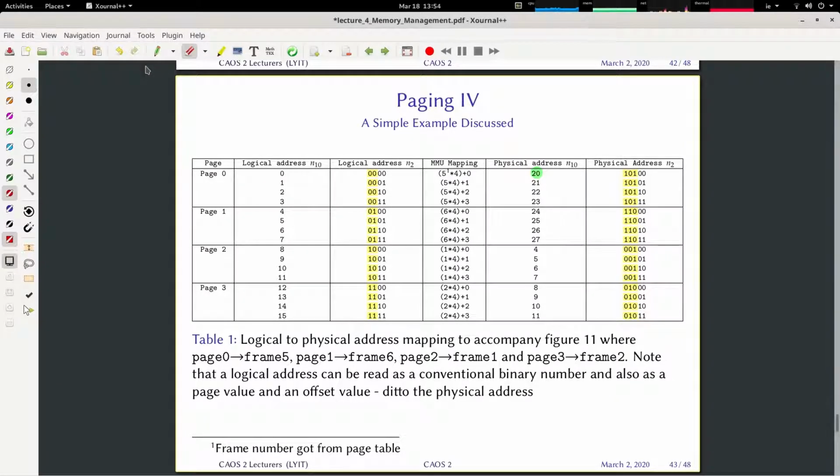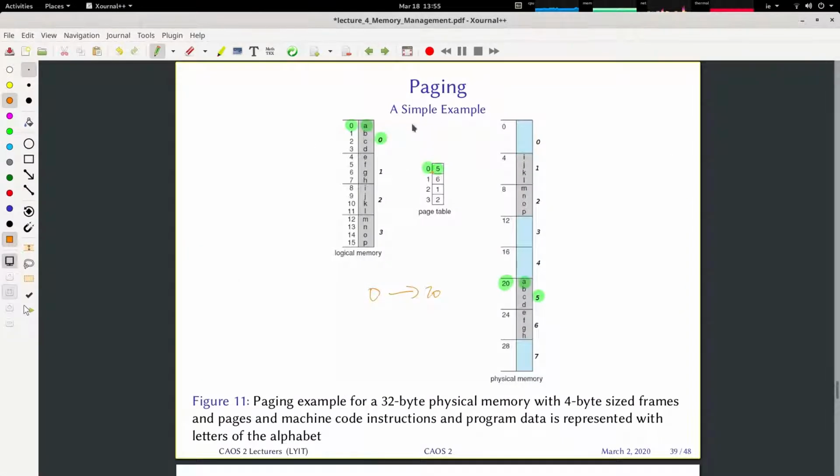Okay, so logical address 1 maps, according to the picture that we have here... okay, so there's logical address 1. Its content is B. It's in page 0.